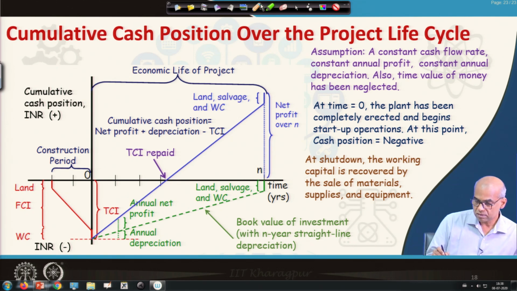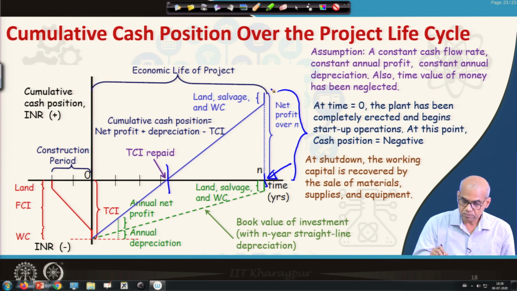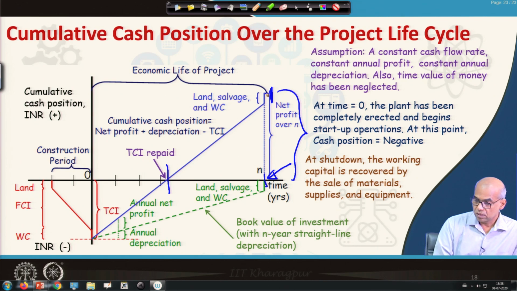So, if this is the time corresponding to economic life of the project, you make profit from this time through this time and the net profit is this. Then at shutdown, you can recover the capital by the sale of materials, supplies and equipment.